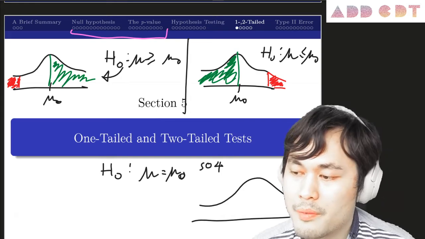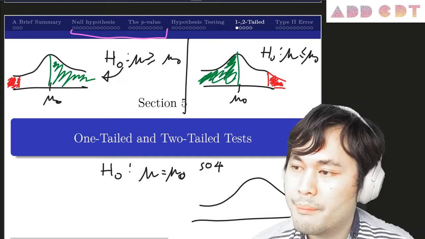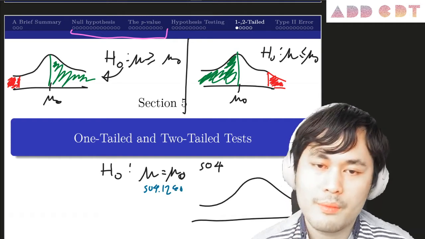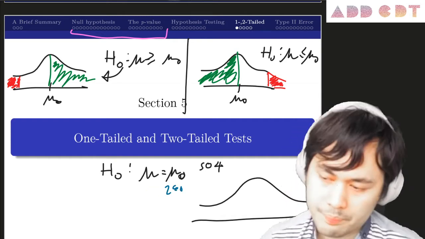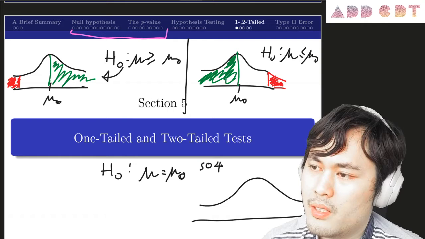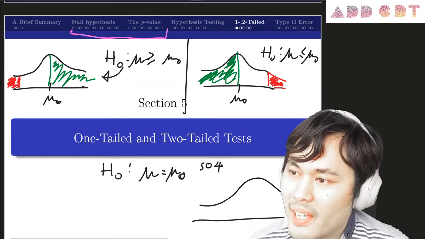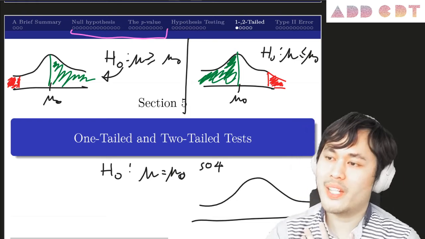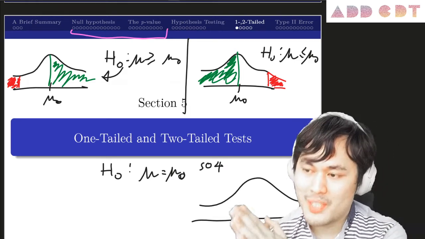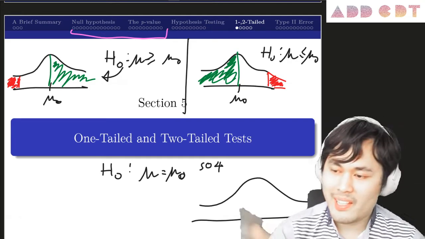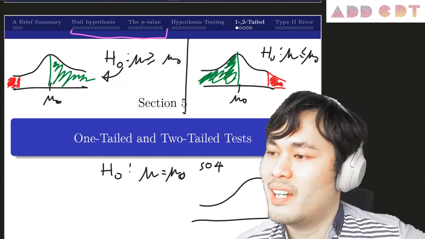You believe mu is 504, but maybe it's 504.1278 or whatever random number it is. So this statement looks kind of weird. And I think it's weird, but this is how statisticians work on problems.